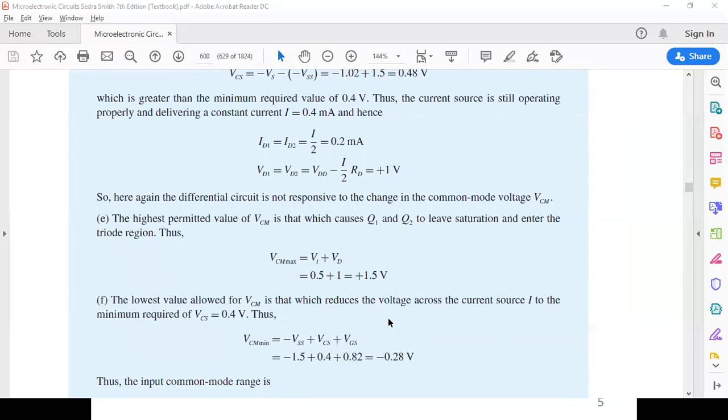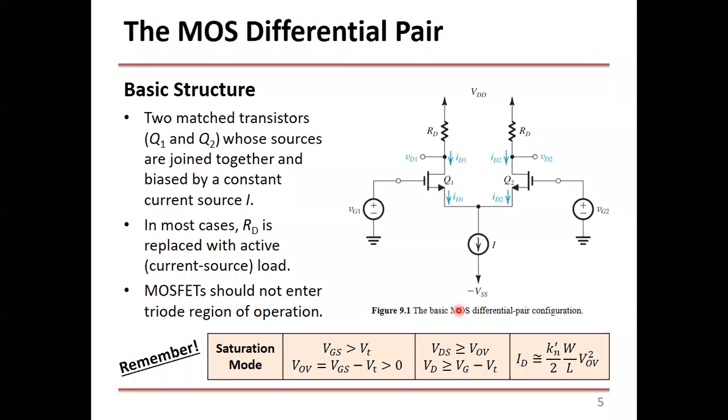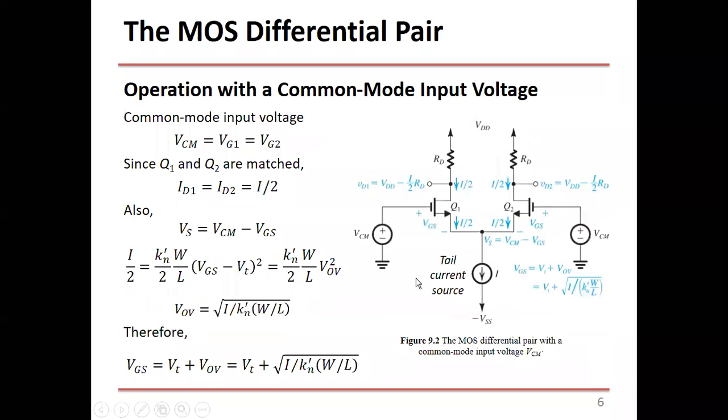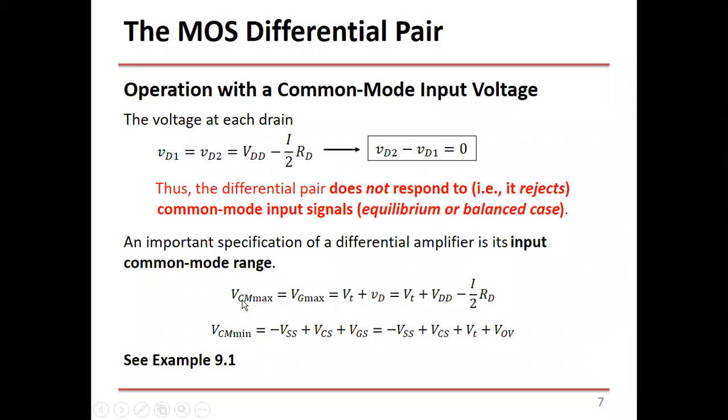We mentioned this in the lecture. The maximum VCM is V threshold plus VD, or V threshold plus VDD minus I over 2 times RD. So this is the highest value, and this is the lowest value.